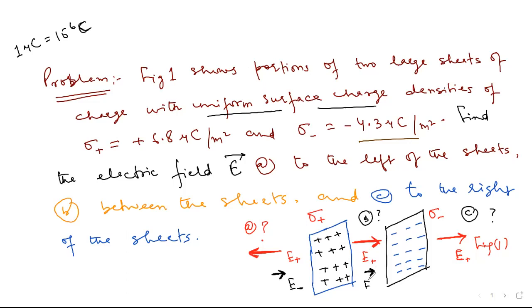This is E negative. So to the left of the sheets, it is towards the sheet. Between the sheets, it is towards the sheet. To the right of the sheets, it is towards the sheet, right?